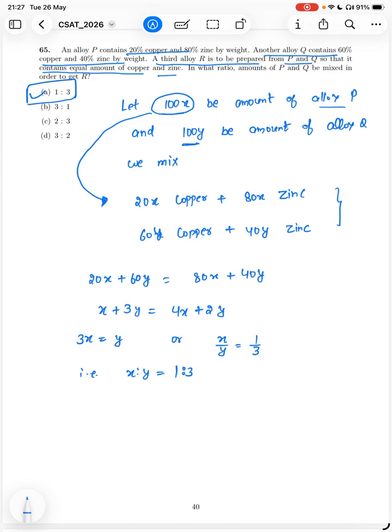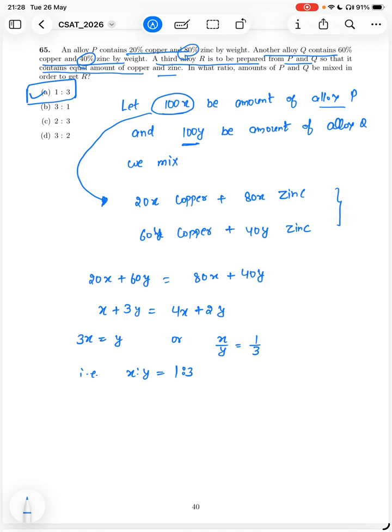And you can easily verify that if you are using 100 grams of alloy P and 300 grams of alloy Q, then in 100 grams of alloy P you will have 20 grams of copper. In 300 grams of alloy Q you will have 180 grams. So total 200 grams of copper you will have. And in 100 grams of alloy P you have 80 grams of zinc, and in 300 grams of alloy Q you will have 120 grams of zinc.